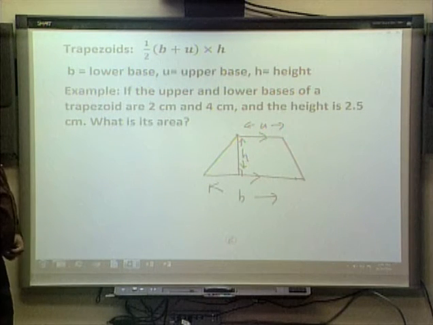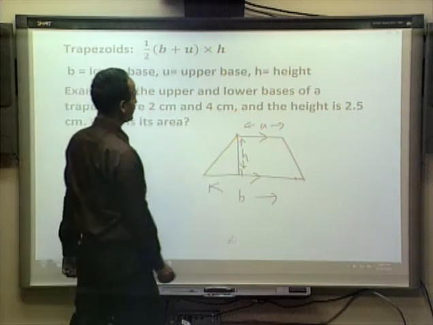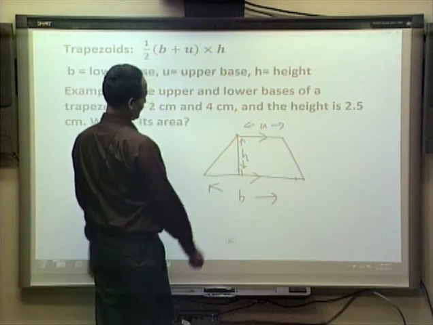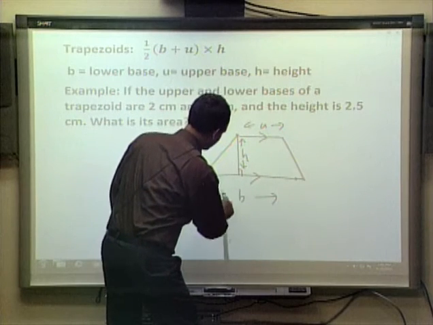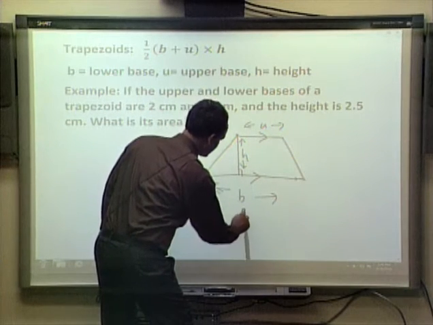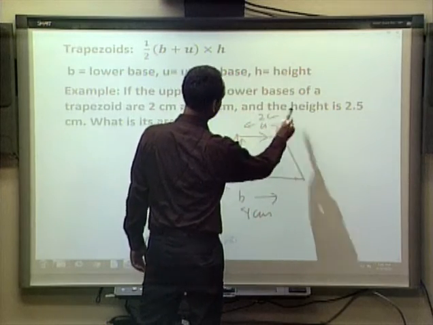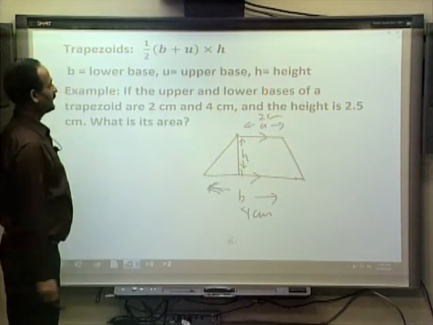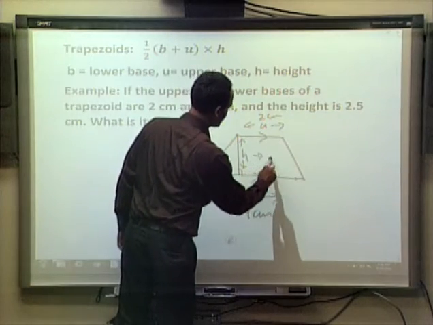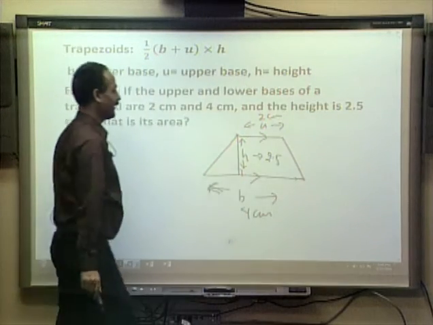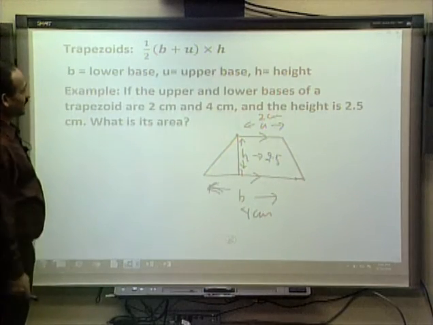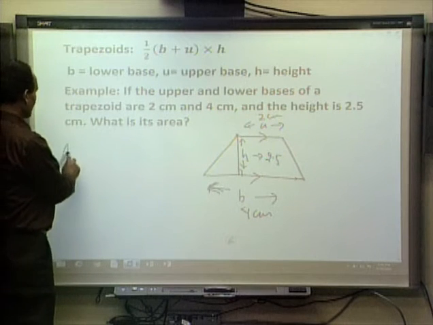If the upper and lower bases of our trapezoid are 2 centimeters and 4 centimeters, let us say this is 4 centimeters and this is 2 centimeters, and the height is 2.5 centimeters. What is its area?